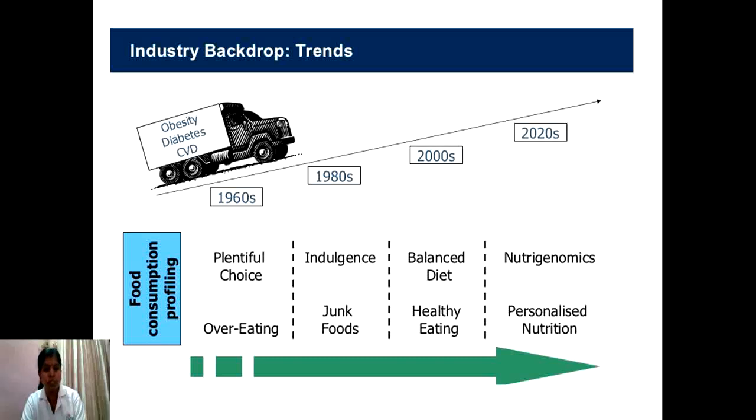In 2000, people's consciousness shifted towards healthy habits; they were more conscious about their health, wanted a balanced diet, and started to practice healthy eating and healthy food choices. Now we are in the 2020s. The present era is the nutrigenomics era and we are looking for personalized nutrition.